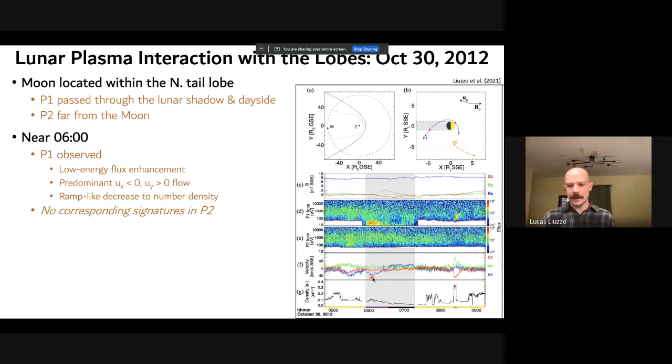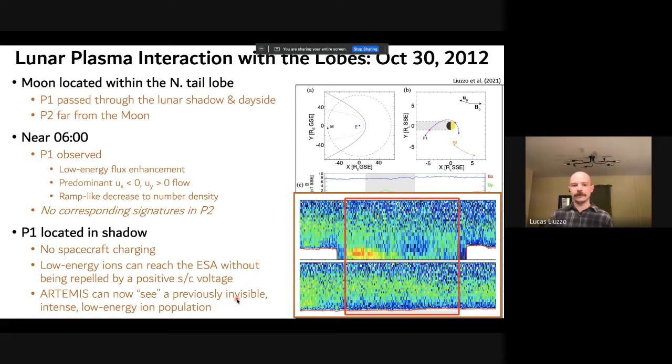And the flow, at least associated with this enhancement, had some minus Vx, plus Vy, and minus Vz features. The other interesting feature Artemis saw was a ramp-like depletion of the plasma density. During the encounter, at least through the solar optical shadow, the plasma density detected by Artemis continued to decrease.